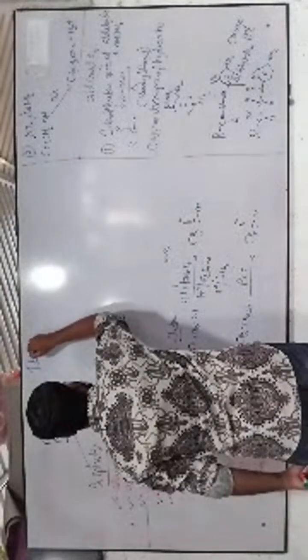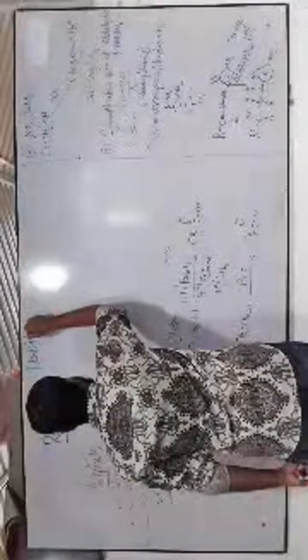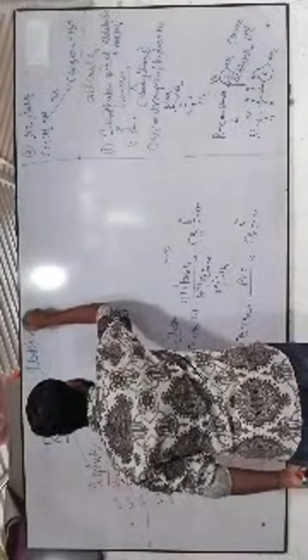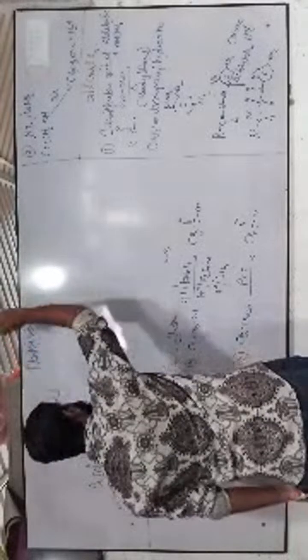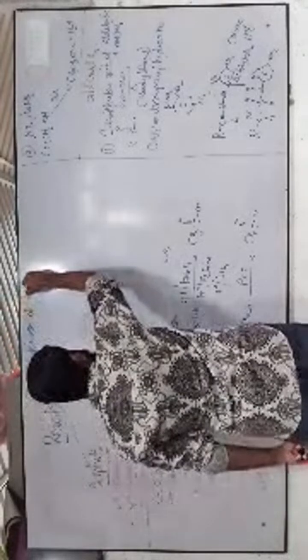Now this is possible for aldehydes, and in this one you have aldehyde plus ketone. You can use this to identify ketone also, but specifically for the identification of aldehyde.